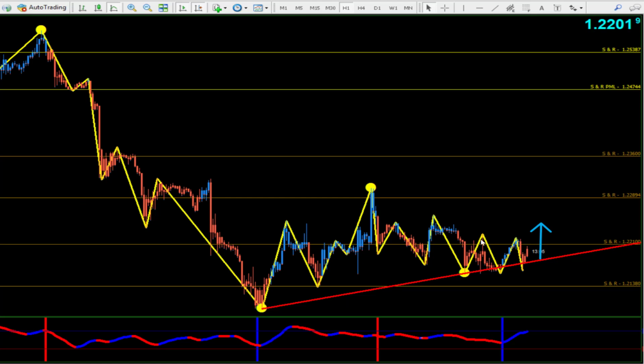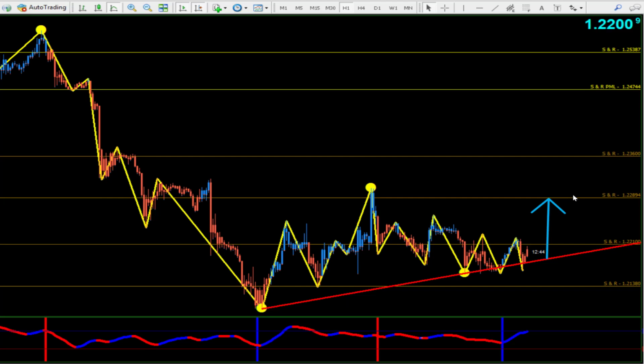So that's good. But here, the potential opportunity for me, or the potential direction, is a buy. And if a buy happens, definitely I'm going to use this point, which is 1.2289, as my first take profit.